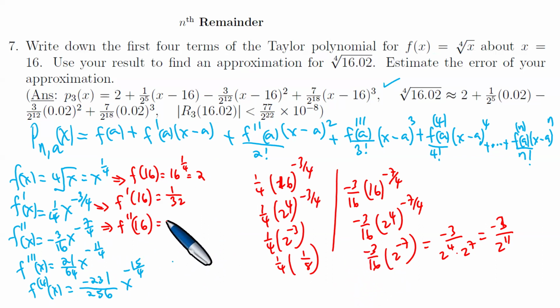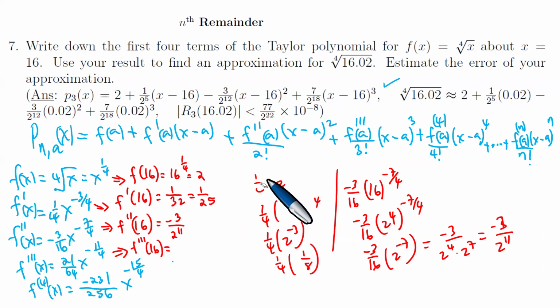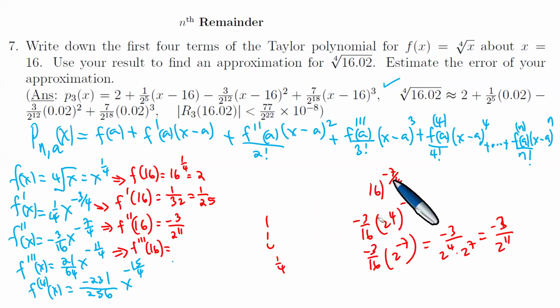Okay, it appears that we're getting minus 3 over 2 to the 11, 1 over 2 to the 5th power. So you'd have the following.